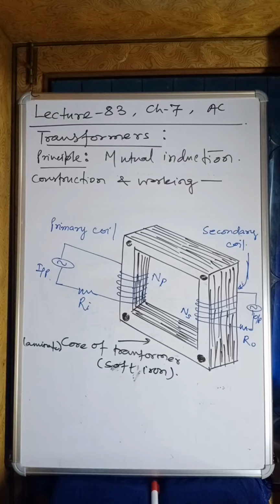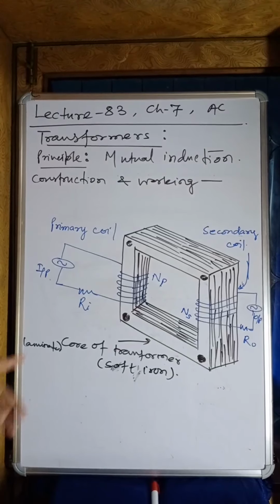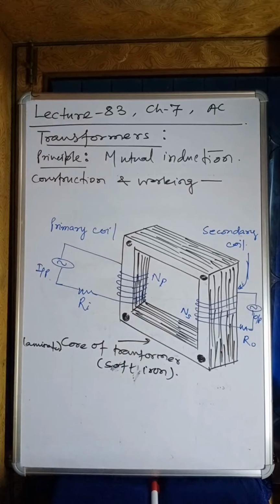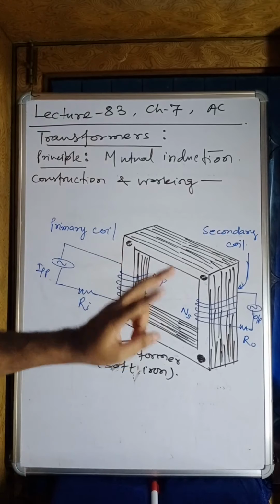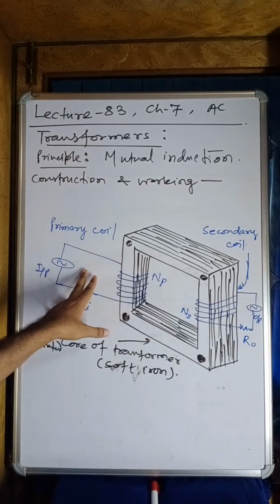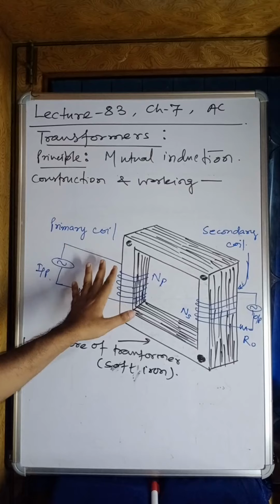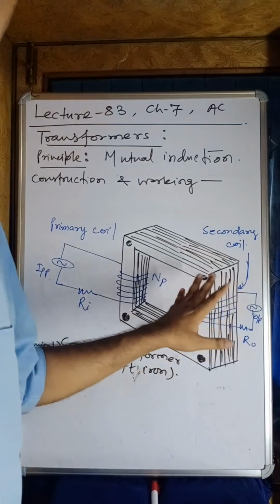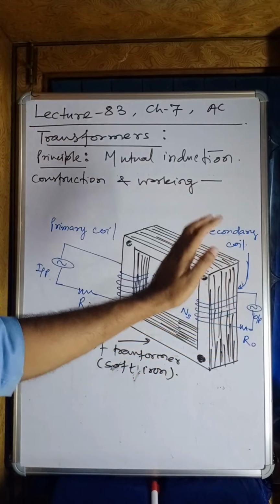All right. While writing construction in the examination, you should write point wise. So we know that it consists of two coils, primary coil and secondary coil. Primary coil will give you the input, or we supply the input at the primary coil and we obtain output at the secondary coil.